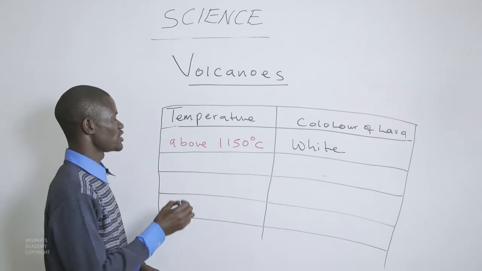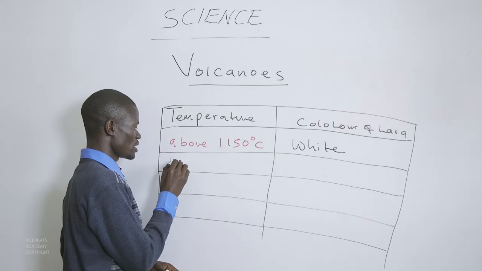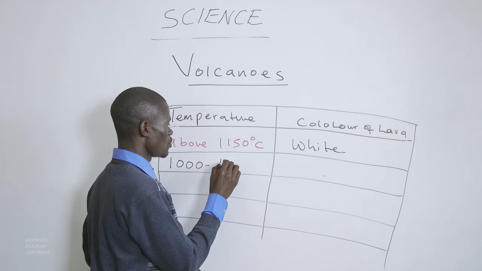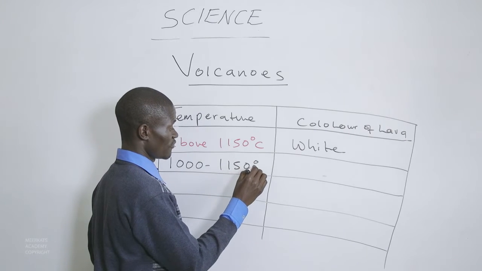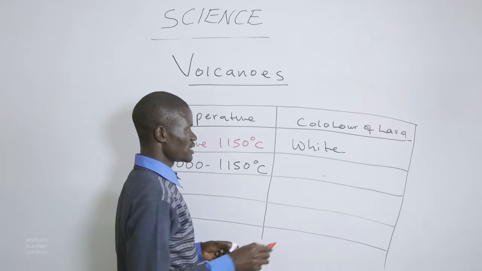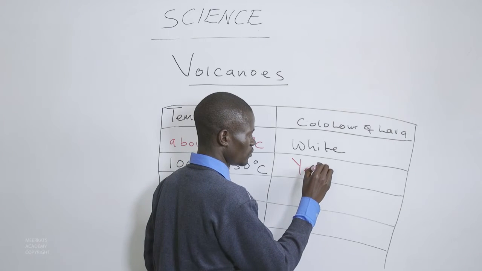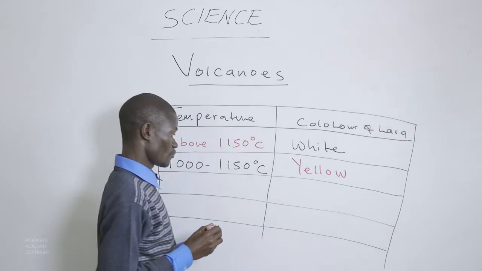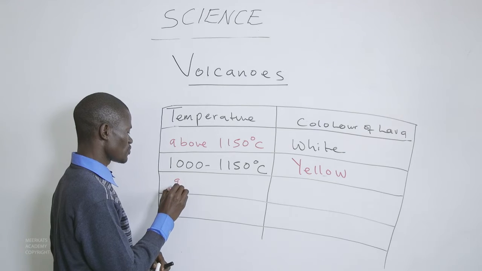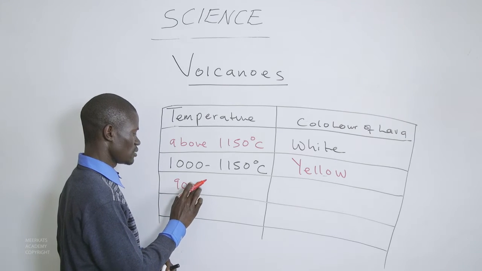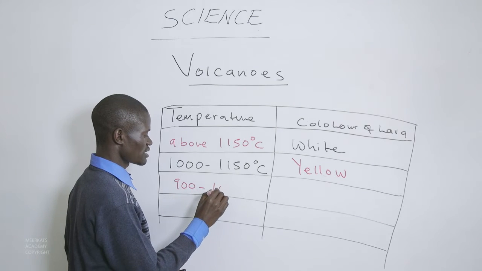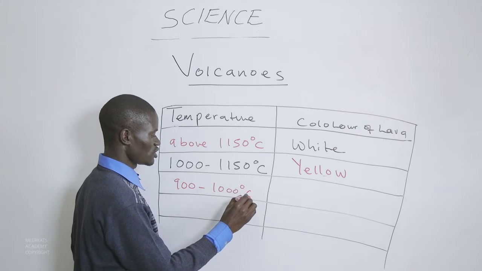When we look at another range of temperature, the temperature that is between 1,000 and 1,150 degrees, now it changes to be yellow. It gives us the yellow color. There is a temperature that ranges between 900 degrees Celsius to 1,000 degrees Celsius.